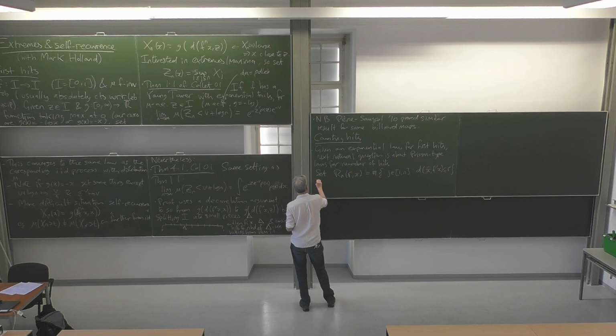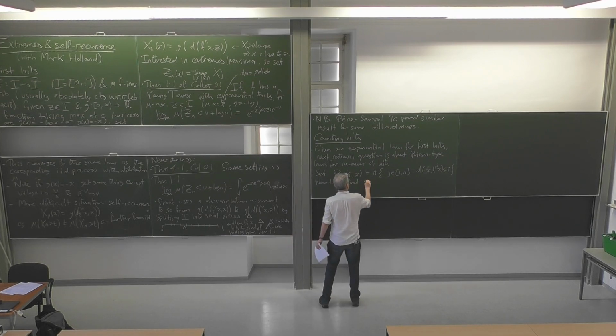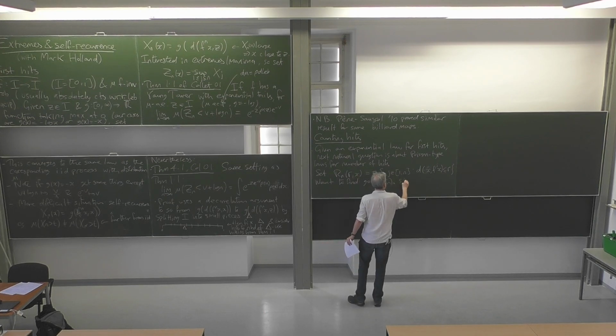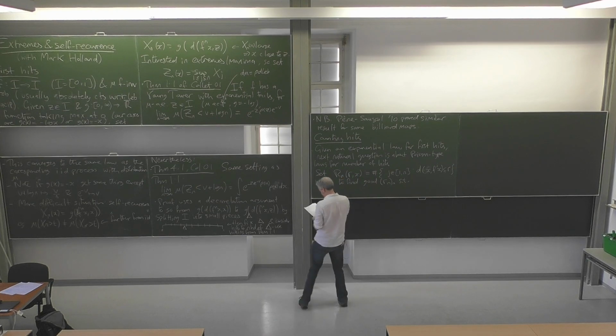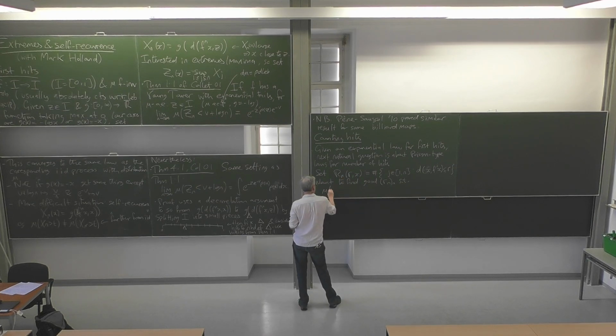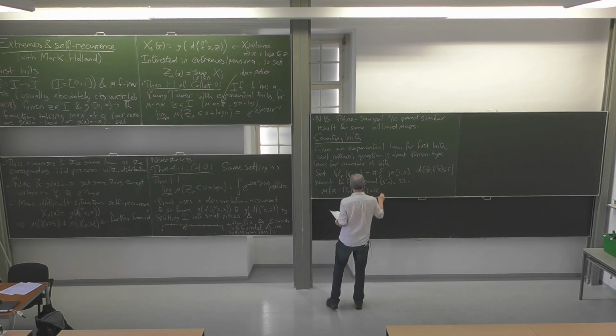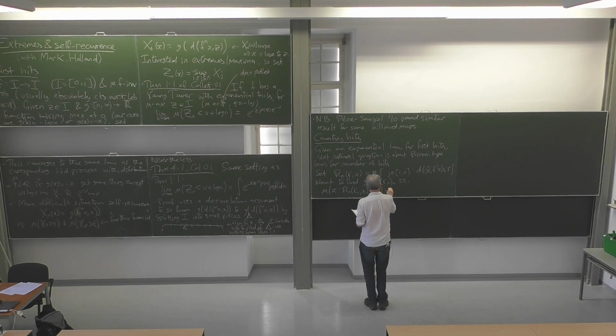So I want to find good rn such that the measure of the set of points such that Rn of x is equal to k, for some given k, tends to something.